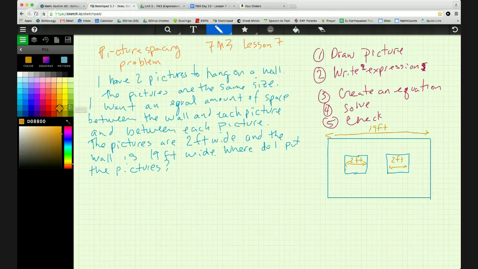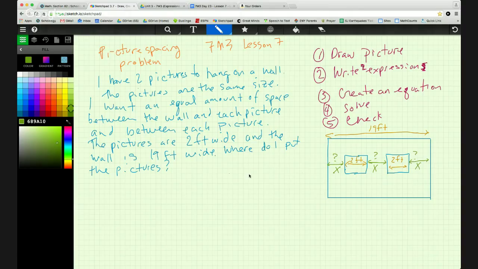So the question is, how far are these green distances? And what the problem has said is that the green distances are all the same amount, and I don't know what this amount is. And what do we use when we don't know an amount in a word problem? We say, well, that's X. Because they're the same, not bigger, not smaller, exactly the same size, I'm going to say that all of those are X.